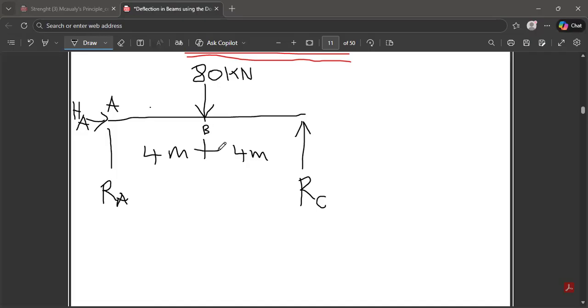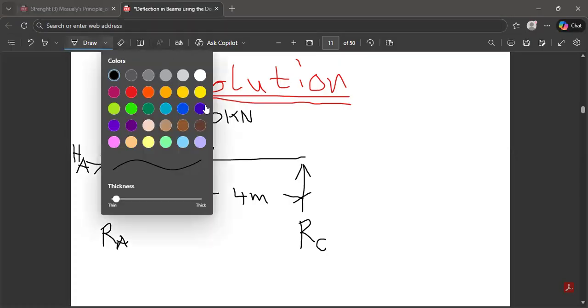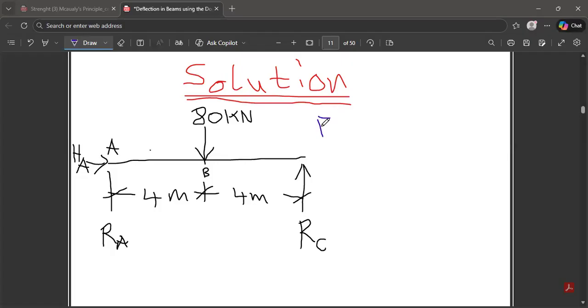So you can see that we have just drawn the free body diagram. Let me quickly denote over here free body diagram and let's accelerate. So this is our free body diagram.